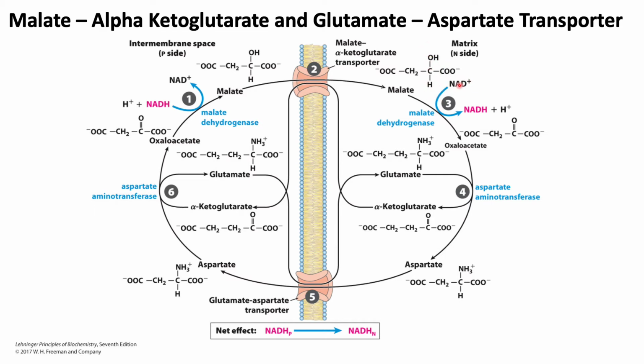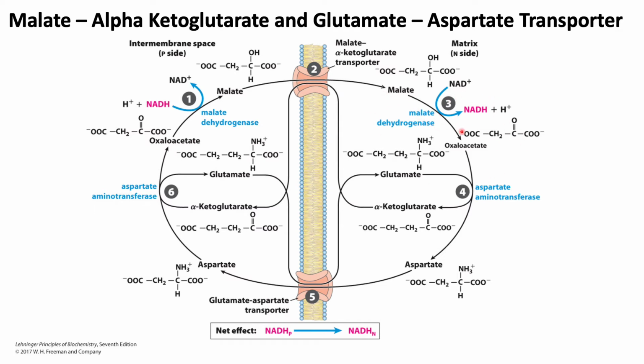So NAD+ is now going to become reduced into NADH and H+, and we once again form that oxaloacetate. So we lost the two hydrogens and reformed oxaloacetate, catalyzed by the same enzyme, malate dehydrogenase, because it can be a reversible enzyme.